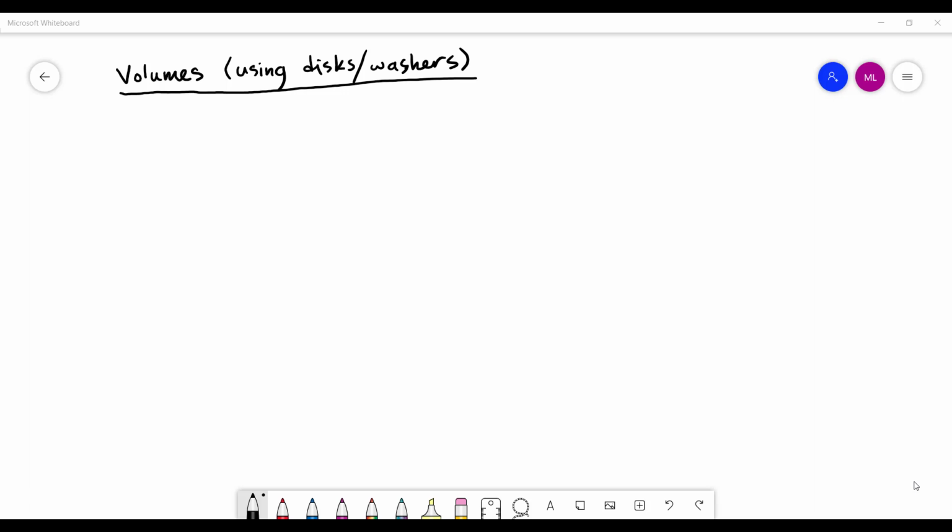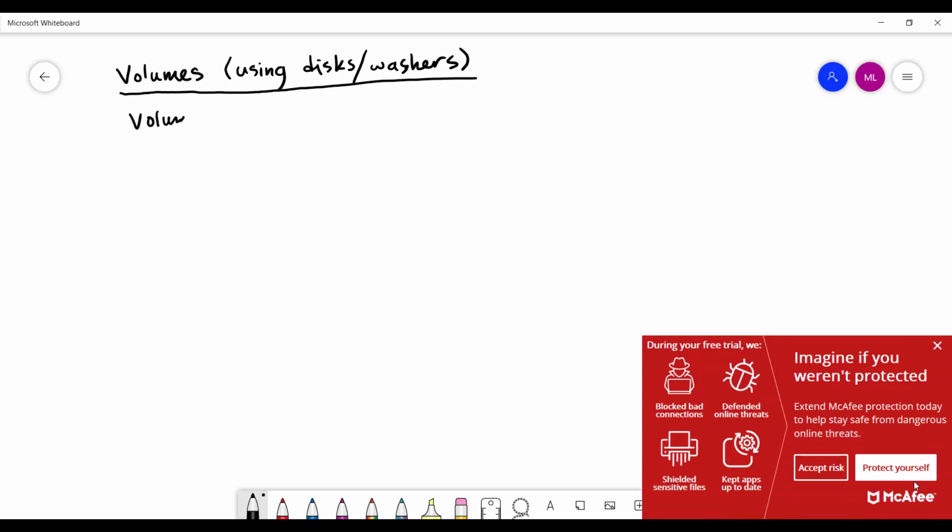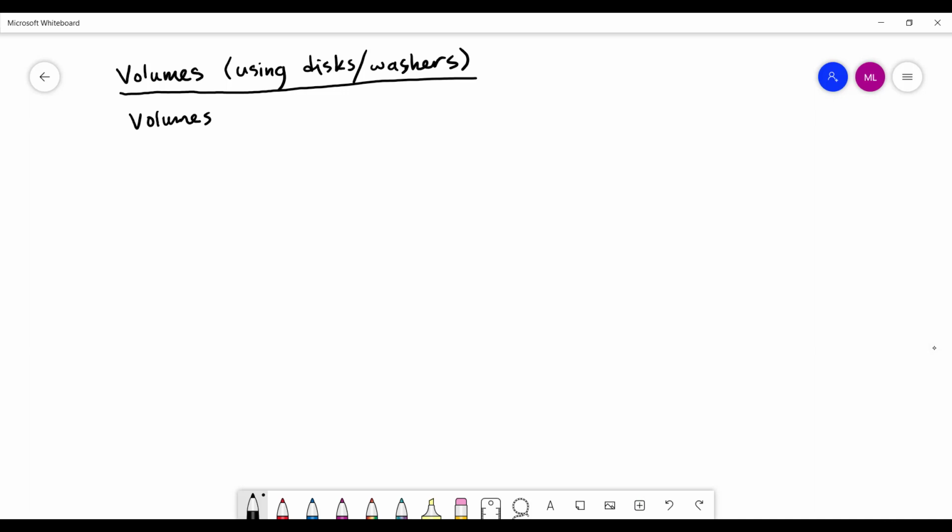So, to do this, I want to just take a quick look at some geometric formulas for some objects that we know the volumes of, hopefully. So I want to think about volumes of, in this case, let's look at cylinders.